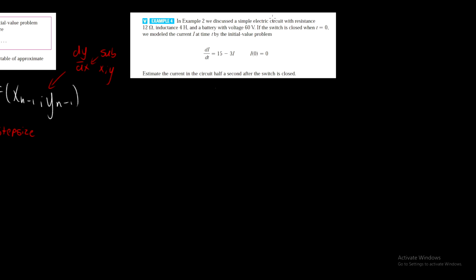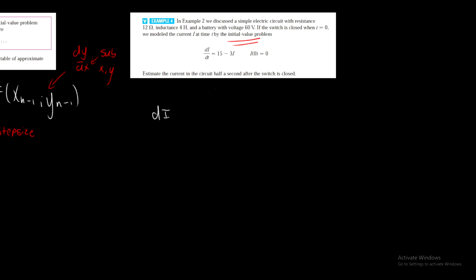So we discussed a simple electric circuit with a resistance of 12 ohms, inductance of 4 H, and a battery with 60 volts. If the switch is closed at t = 0, we can model the current at time t with the initial value problem. Okay, so we're given our initial equation, and notice they give us our differential.